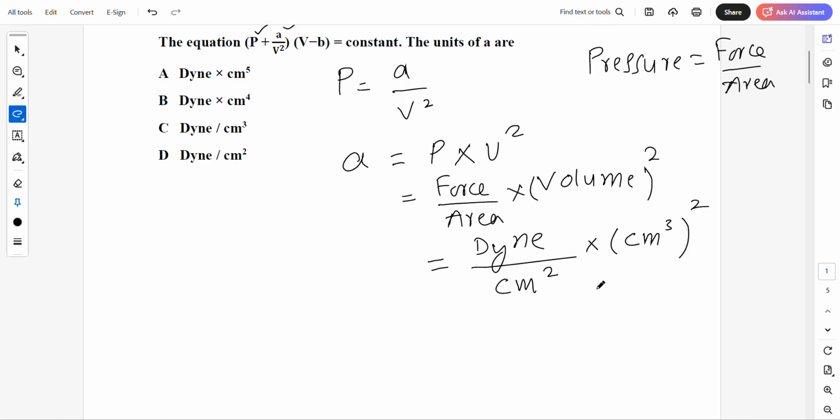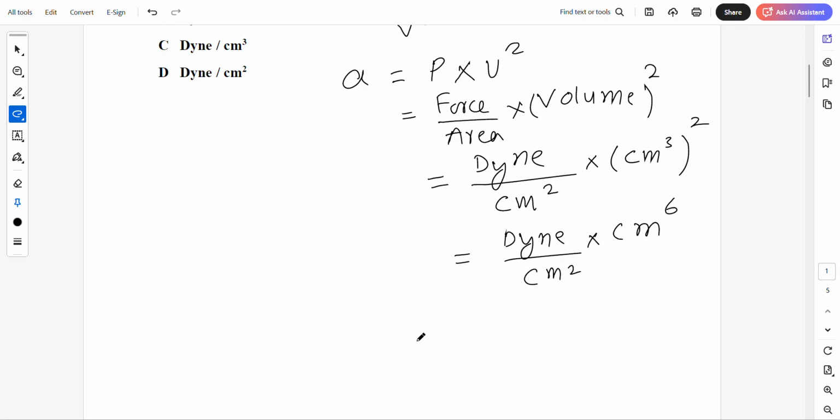Now here what happens? Dyne by centimeter square into centimeter to the power of 3 into 2, that is 6.